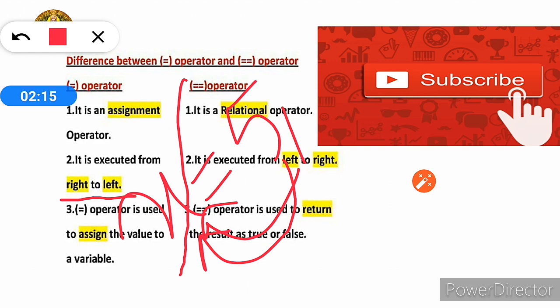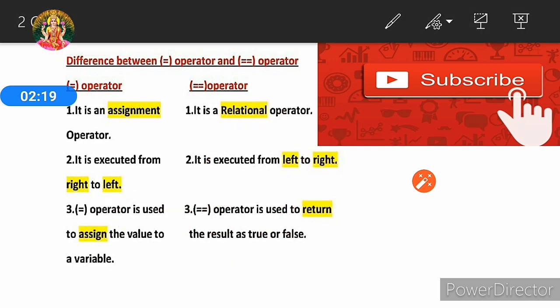And speaking of the == operator, it is executed from left to right. Why? It has an associativity from left to right.